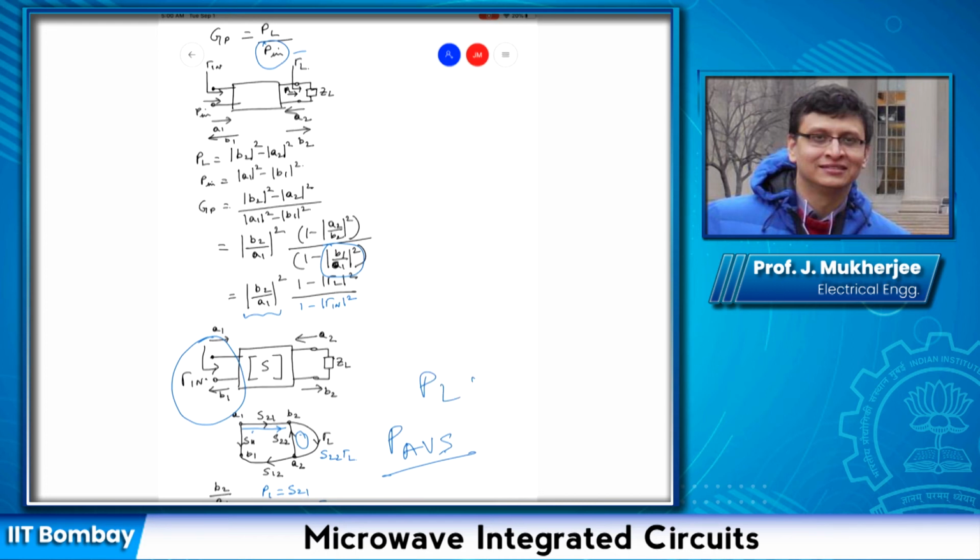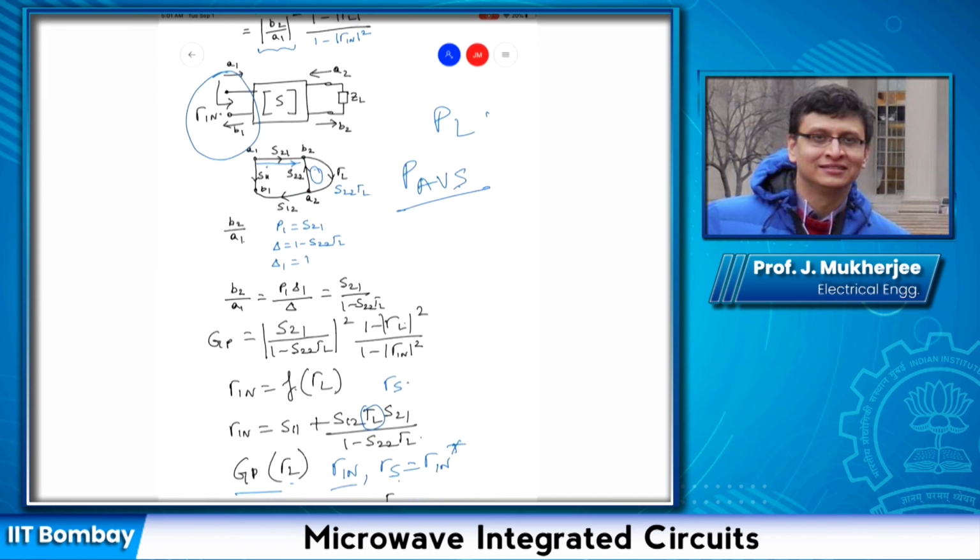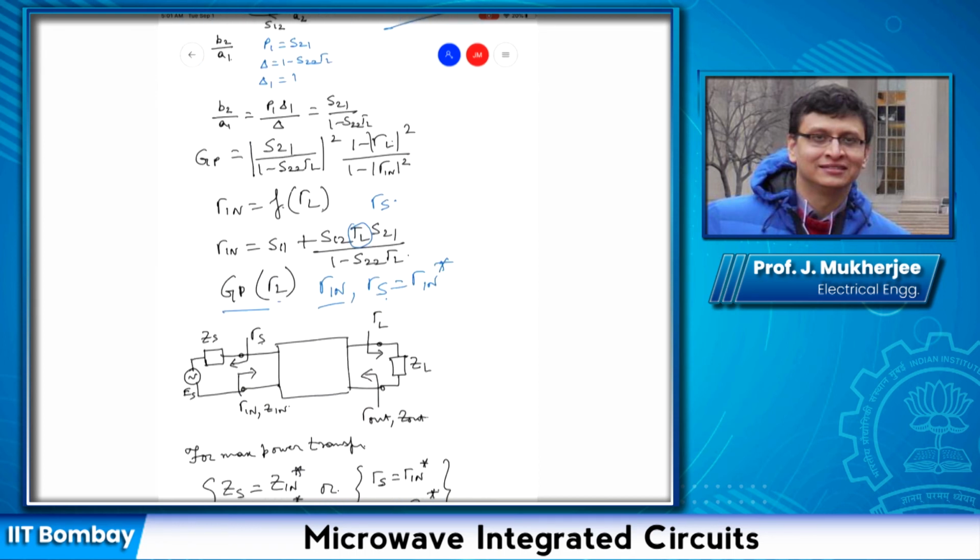Okay. Now let us consider the other gain term, which is the available gain, GA, or the available power gain.